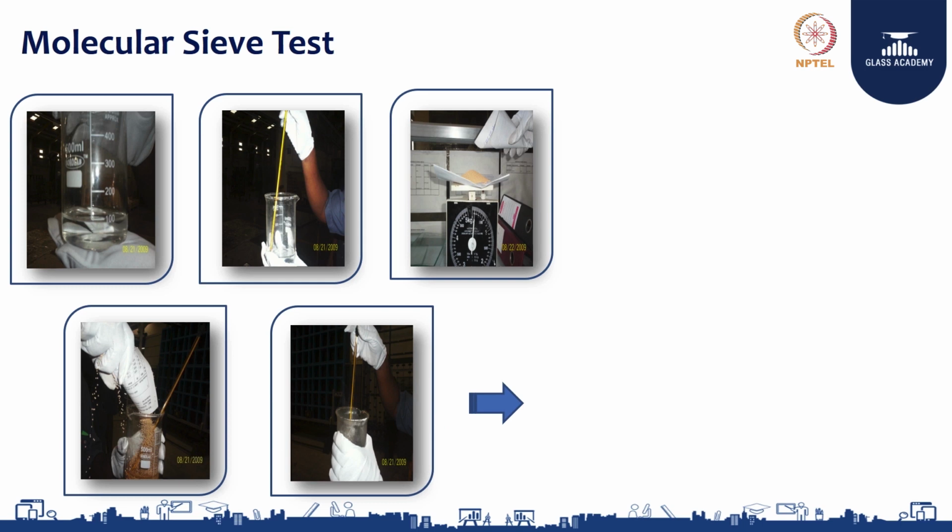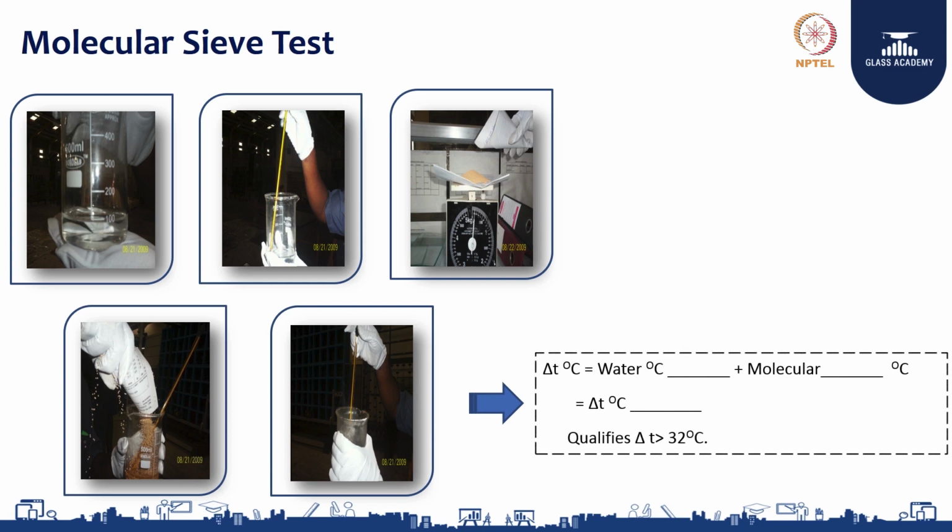This is the calculation: you take the water temperature and the molecular sieve temperature, and check the delta T. If delta T is more than 32 degrees centigrade, the molecular sieve is fit for using in your IGU. If delta T is less than 32, please do not use it.